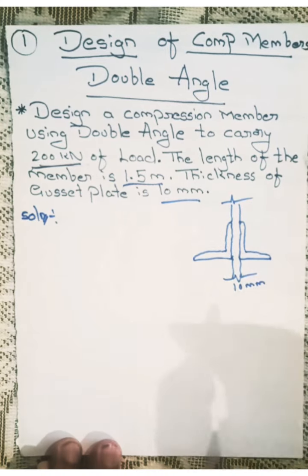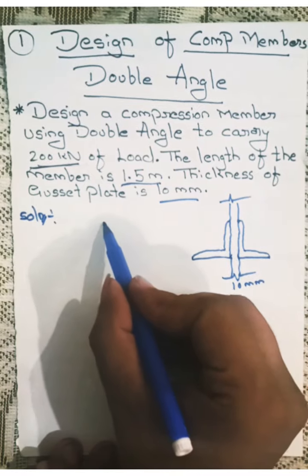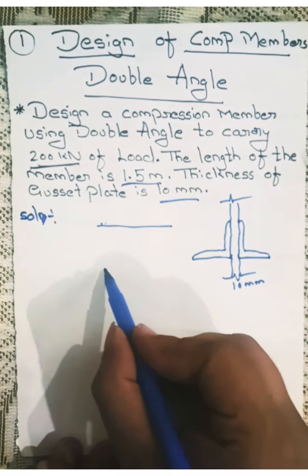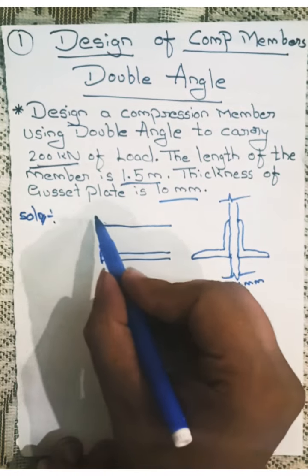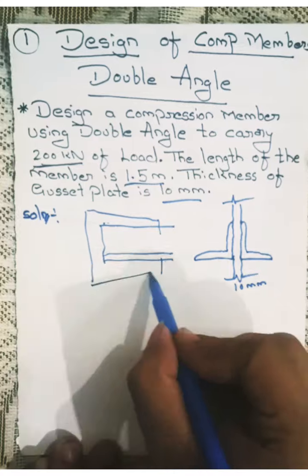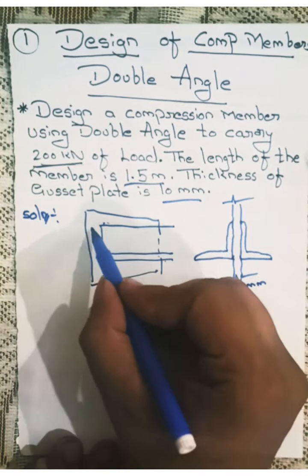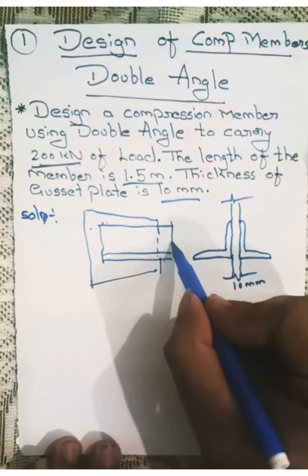So here when we look from the side, it looks like this. This is the gusset plate, this one is the gusset plate, and this is the angle which we are seeing.